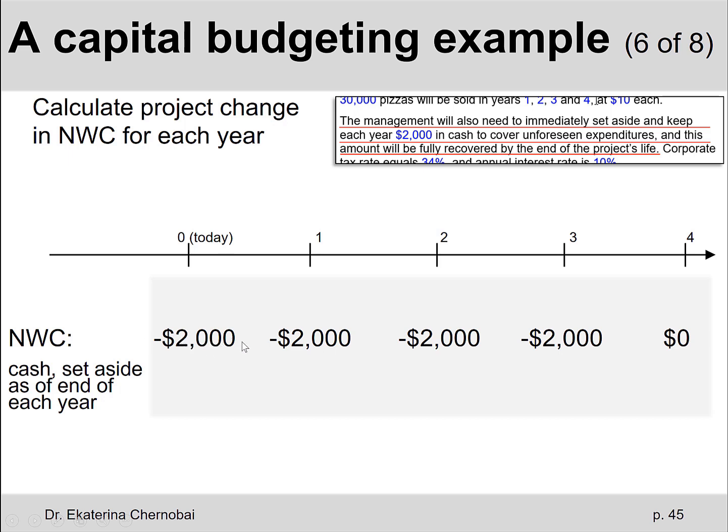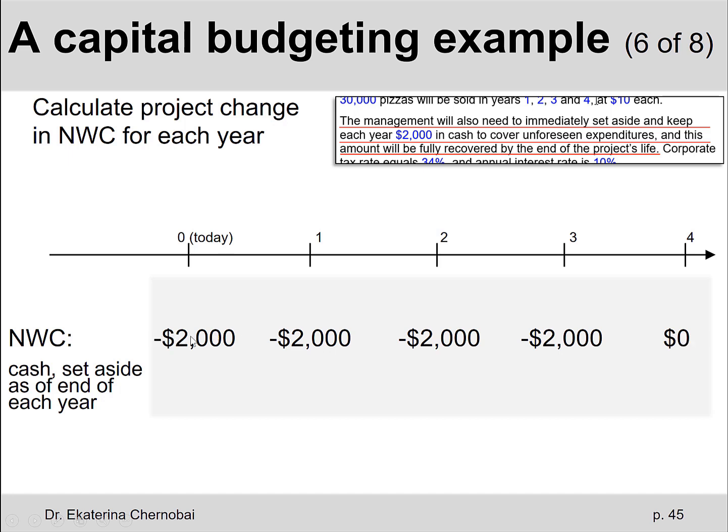It will remain the same throughout the project and will be recovered at the end of the 4th year. And at the end of the final year, you should always put $0. I mentioned that earlier when I was covering the change in net working capital topic.